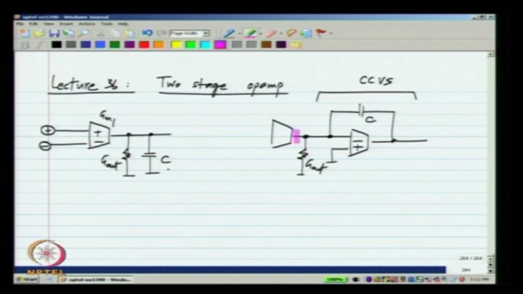Most of the current ends up going into the capacitor C. So, this is a much better integrator than this one, and of course, the transconductor that we use for the current controlled voltage source also will have an output resistance G02.